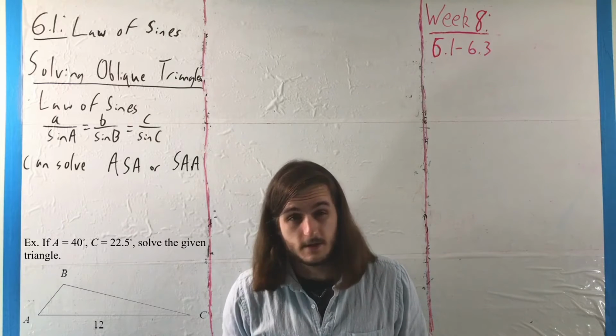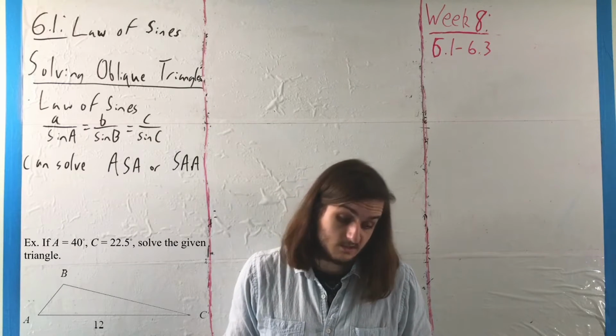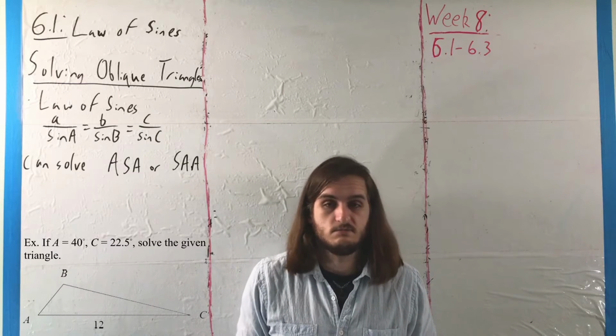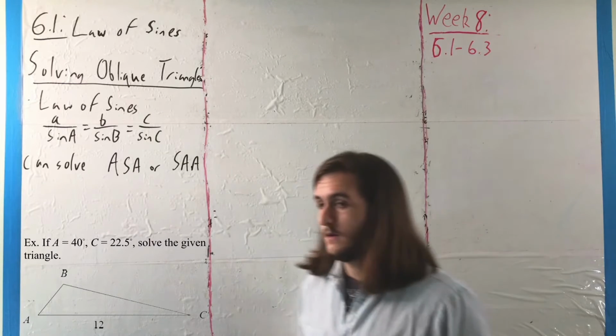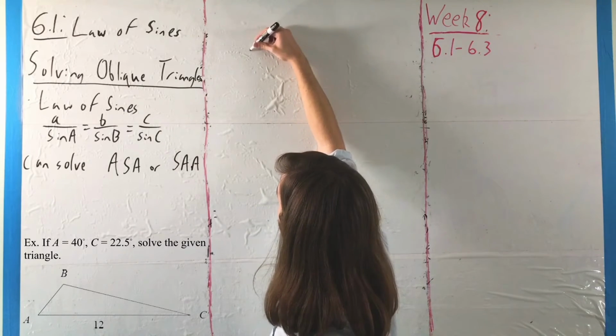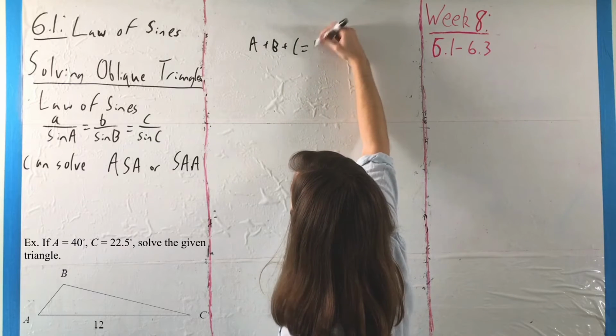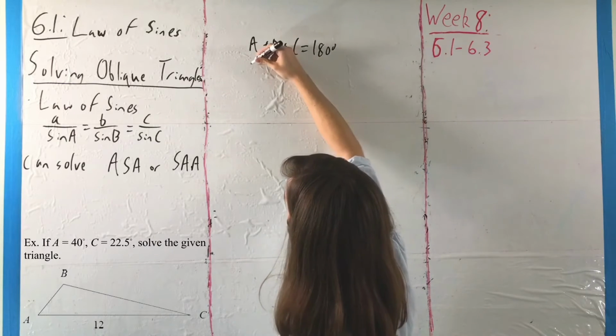So if you want to solve this, I'd say we start in the same way. We're actually given essentially the same pieces of information, just not in quite the same arrangement. But, well, let's find that angle measurement. We have A plus B plus C equals 180 degrees.